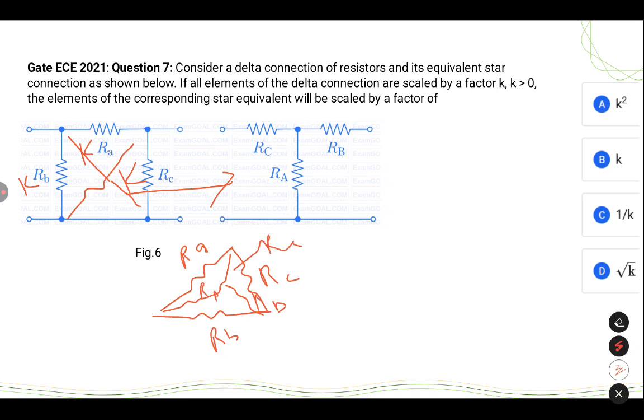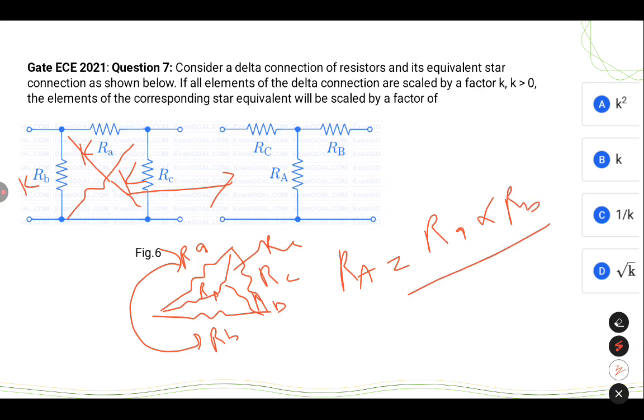So what will be the value of Ra? Ra equals, as I told you, the multiplication of adjacent resistors, small Ra into small Rb, divided by the addition of the individual resistors, Ra plus Rb plus Rc.